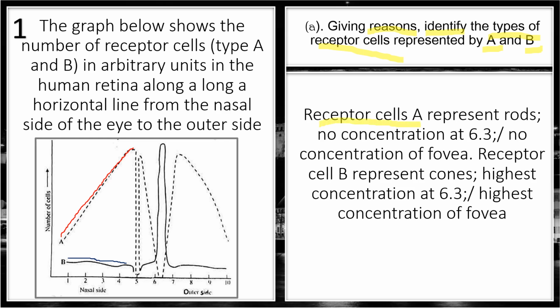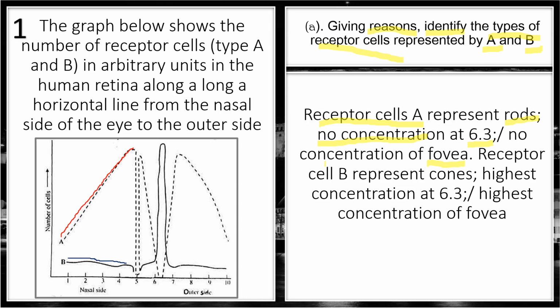Receptor cells A represent rods. No concentration at point 6.3, no concentration at the fovea.